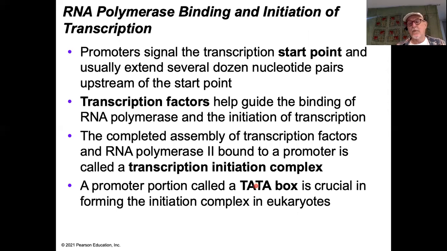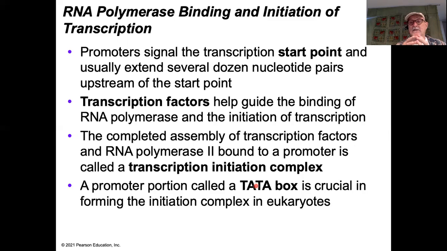The promoter is really important in control of gene expression, because it's there that we can actually operate almost as a switch. Sets of proteins are brought in to bind to the promoter, which are called the transcription factors. The transcription factors actually guide the binding of the RNA polymerase.